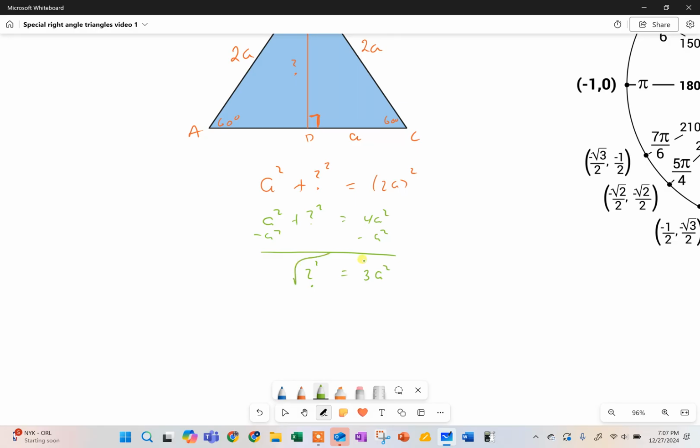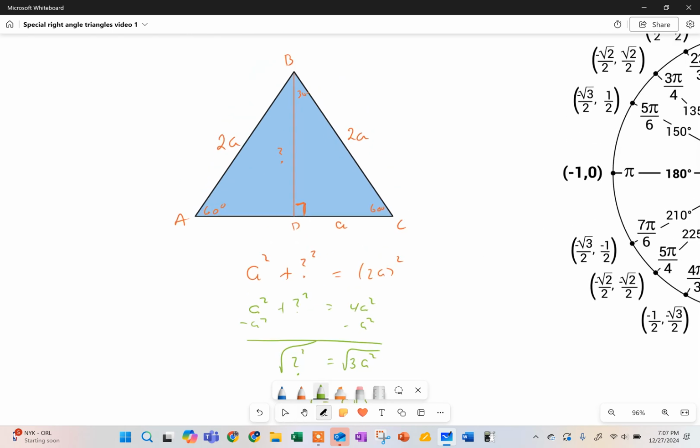I square root both sides, and I'm left with my unknown side is equal to the square root of 3 times the square root of a squared, which is a. So my unknown side becomes a radical 3.